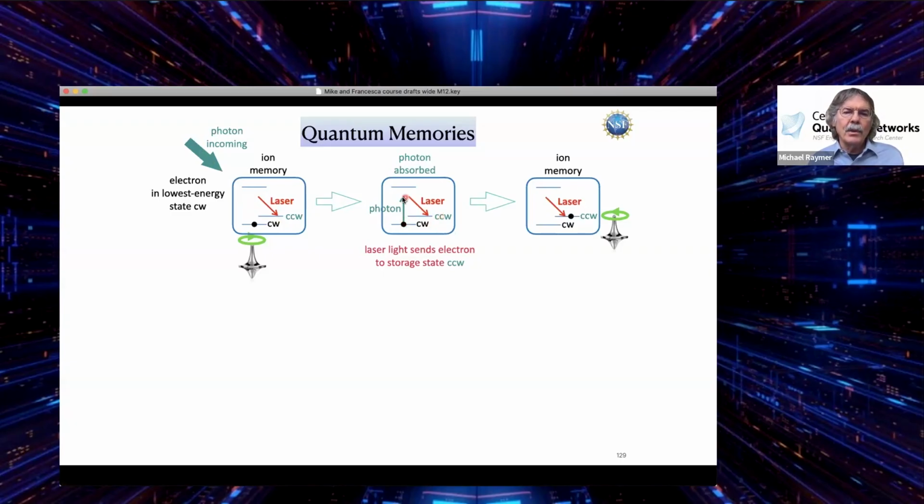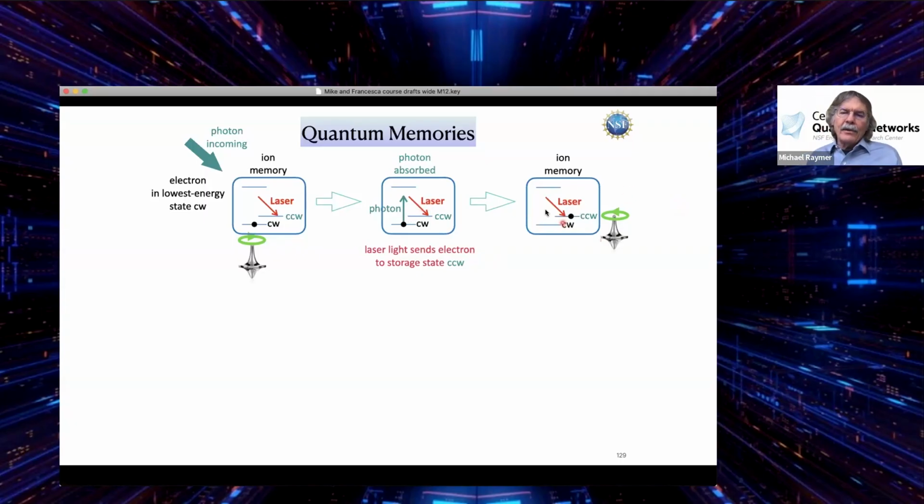So this photon is absorbed and the laser emits a photon. The difference of those two energies is enough to make up the difference between clockwise and counterclockwise. For those who know, this is called Raman scattering and was discovered by a famous physicist in India named Raman, who got the Nobel Prize for learning about this phenomenon.